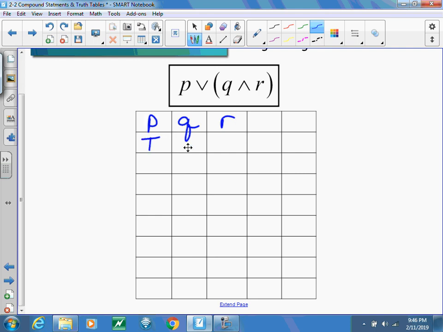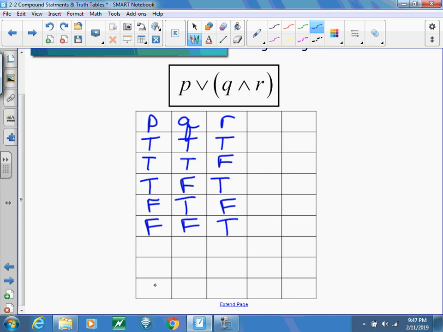We can have true, true, true. All 3 statements could be true. I could have the first 2 statements be true and the third statement be false. I could have the first be true, the second be false, and the third be true. I could have a false, true, false. I could have a false, false, and a true. I'm just kind of getting out of my pattern here.